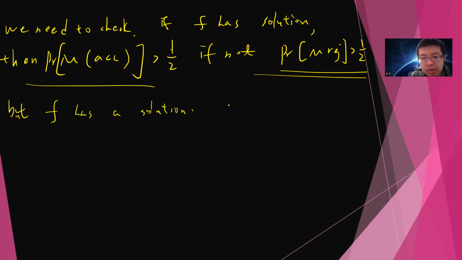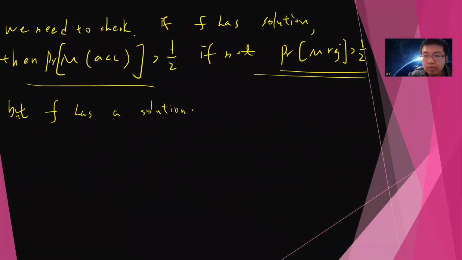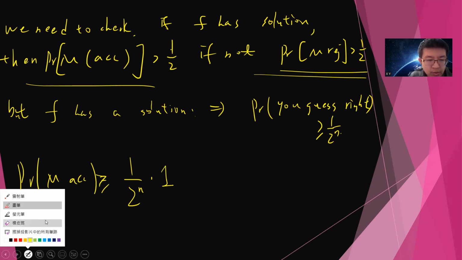That means the probability that you first come up with 1 is at least 1 over 2 to the n. So if F has a solution, then the probability that your first guess is correct is at least 1 over 2 to the n. So the probability that M accepts is at least 1 over 2 to the n. It's not 1, this one is not important.